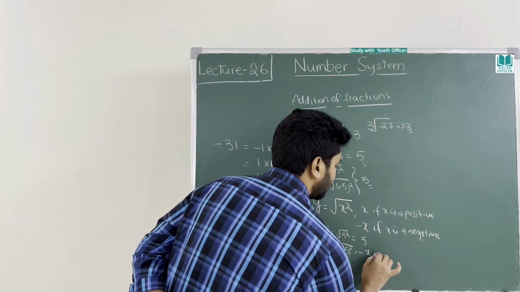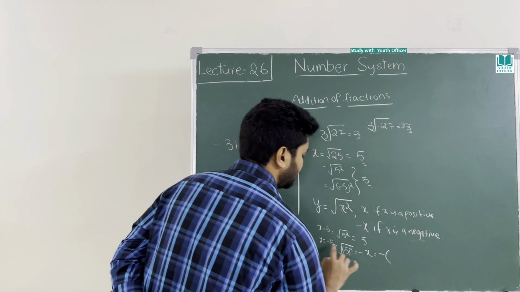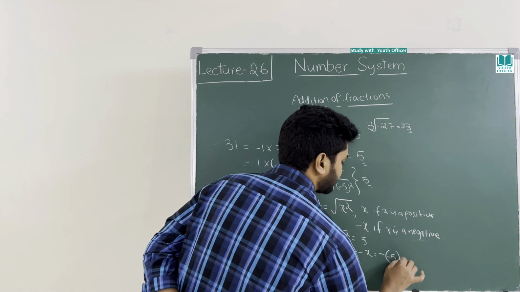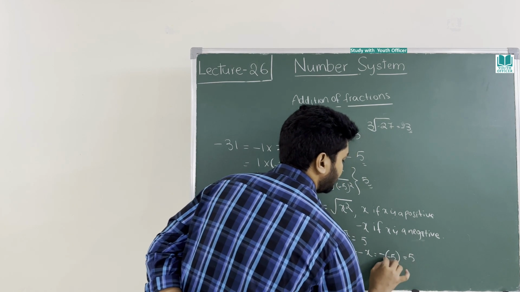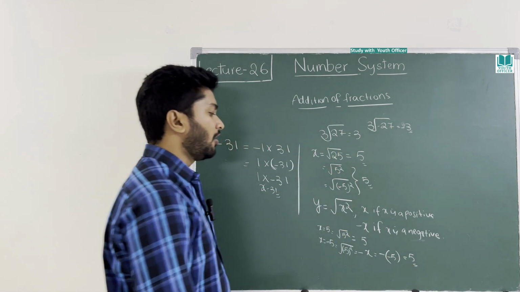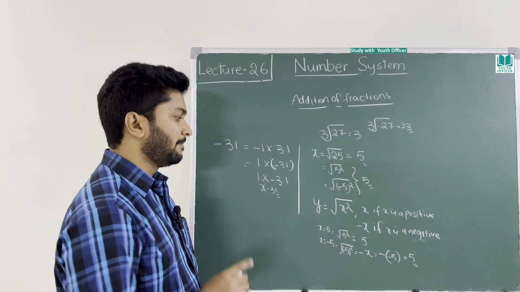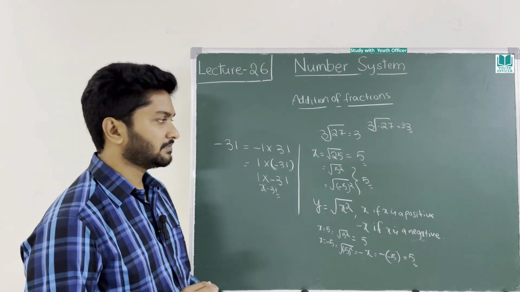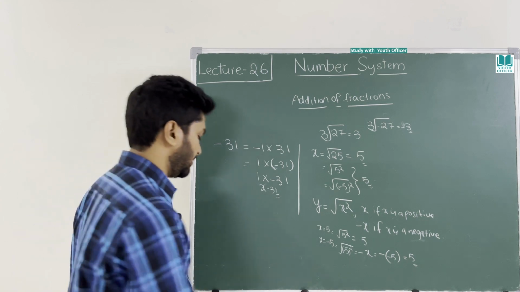Minus of x means minus of minus 5, that is minus into minus, plus. The answer will be 5. Always you will get a positive number. Please make a proper note of this. These two concepts are very important.